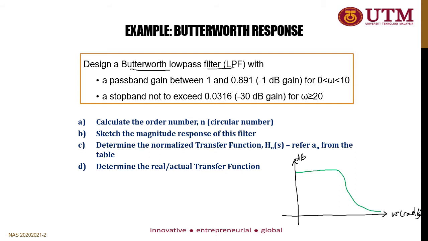In this case, a passband gain between 1 and 0.891, so -1 dB for omega 0 to 10. So this is omega p equal to 10, and at this point your passband gain is equal to -1.